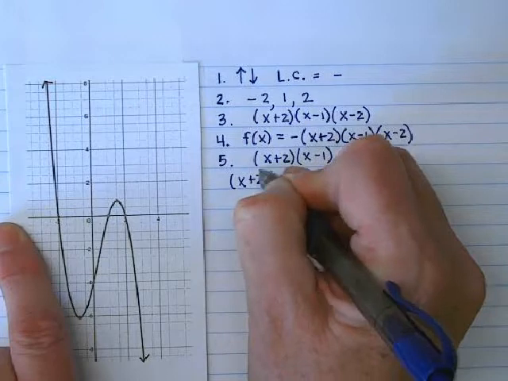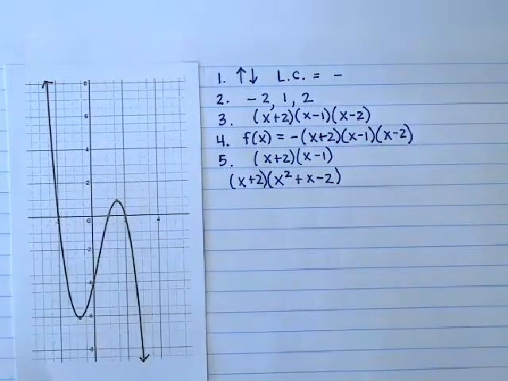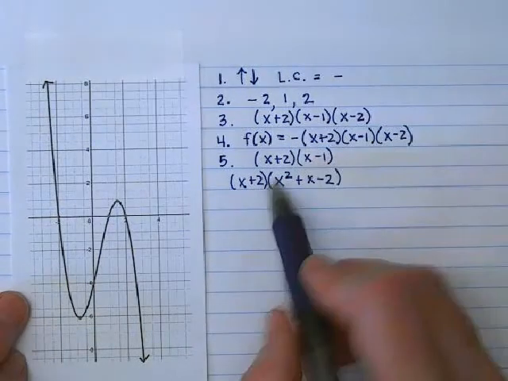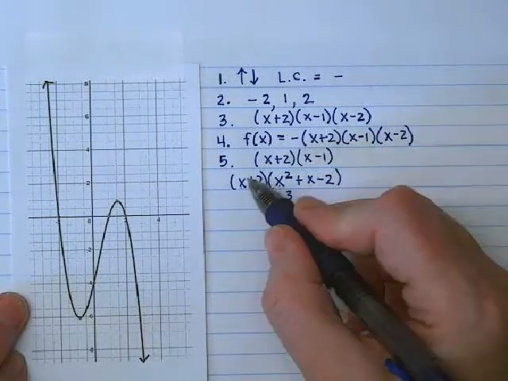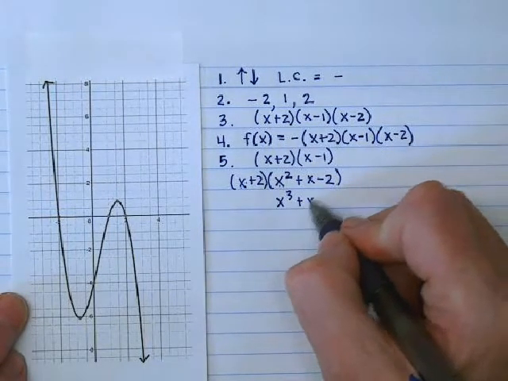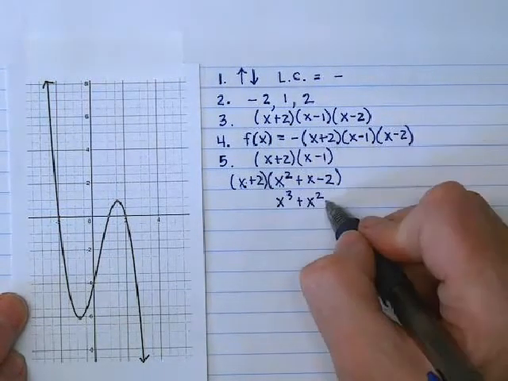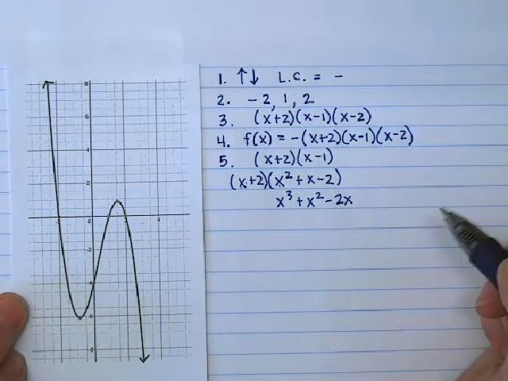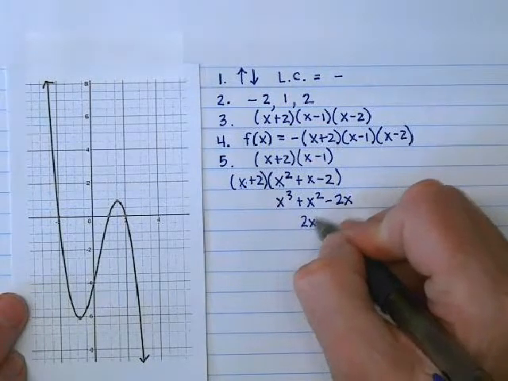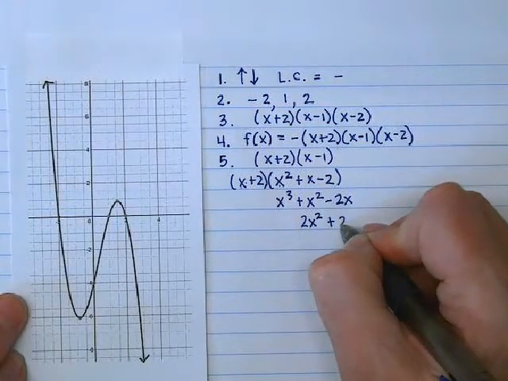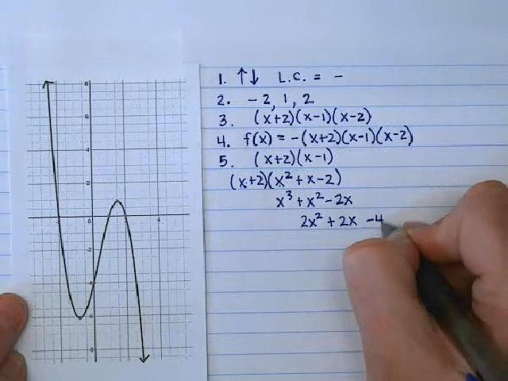For me personally, I like the binomial in front of the trinomial. I just find it easier to distribute. x times x squared is x cubed. x times x is x squared. x times negative 2 is negative 2x. 2 times x squared is 2x squared, plus 2x, minus 4.